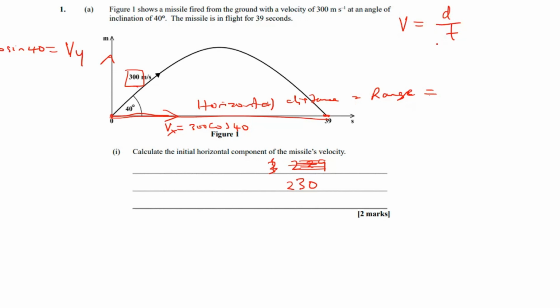Now the range would be the distance, so we transpose and get v times the time. They told us the time of flight, which is 39. I would just multiply that by the horizontal component, which is 230, and that would give us the range. So how far do we get?